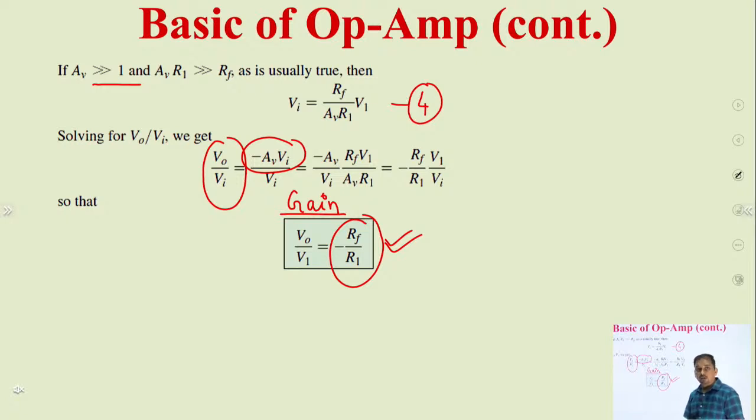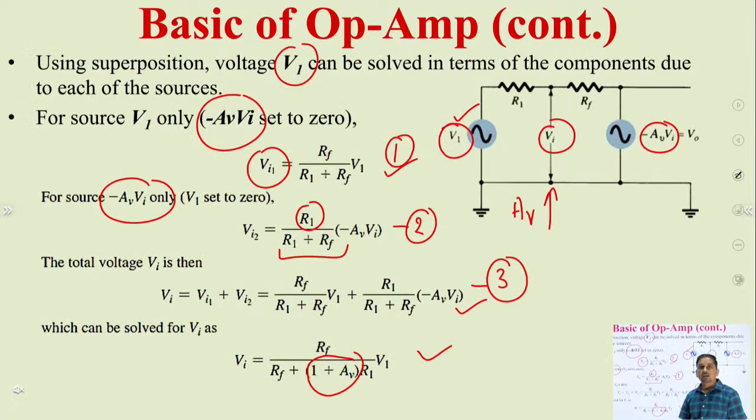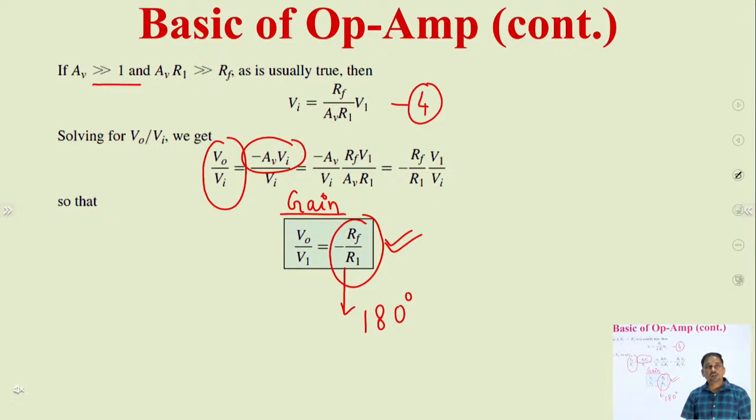The minus sign shows that there is a phase shift of 180 degrees between the input and output voltages, and since this ratio is RF by R1, this gain is not very high. So basically we reduce the gain of this circuit by placing a feedback, which is the negative feedback. So this is the most important result we obtain for an inverting amplifier. The gain is minus RF by R1.